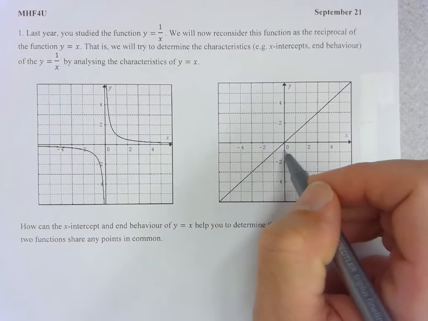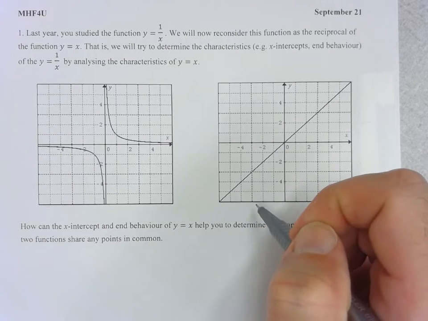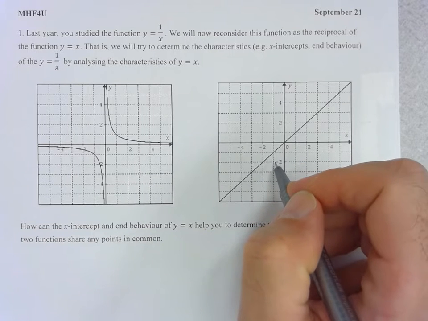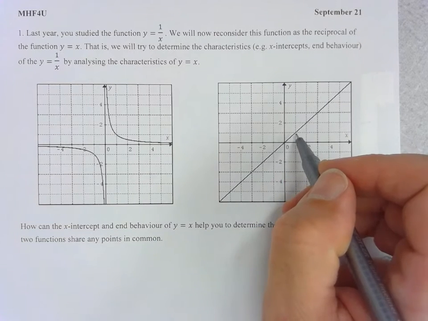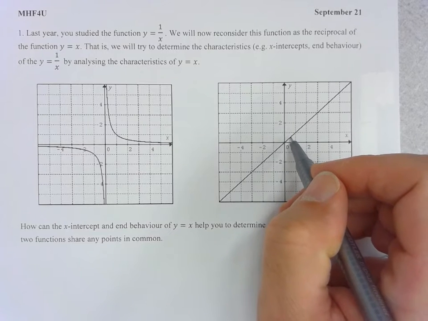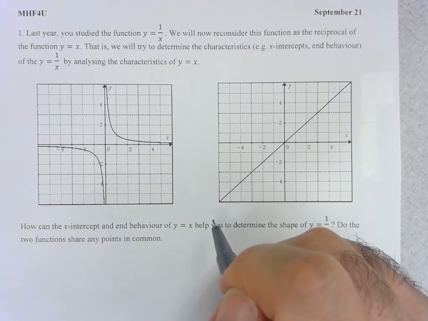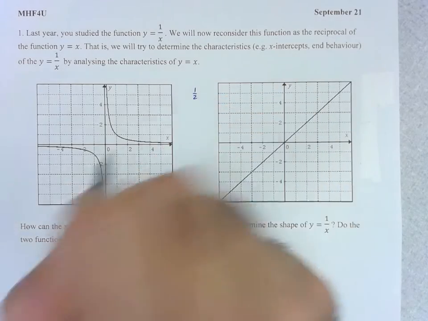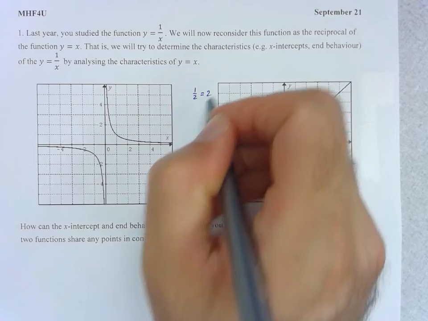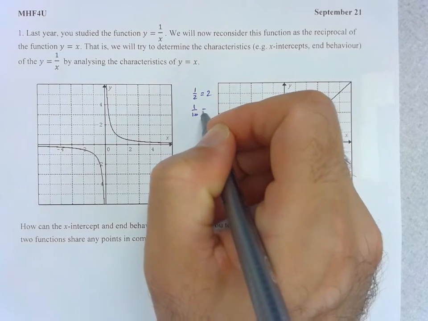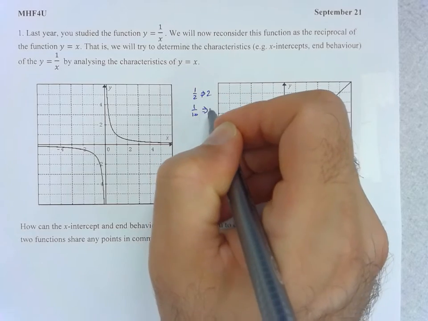Let's take a look at what's happening near 0. Let's say I approach 0 from the right-hand side. The y values are getting smaller and smaller, closer to 0. So what happens when I take the reciprocal of 1/2? I get 2. If I get even closer, the reciprocal of 1 over 10 is 10.